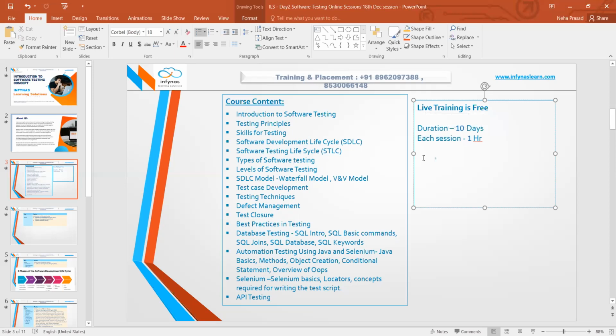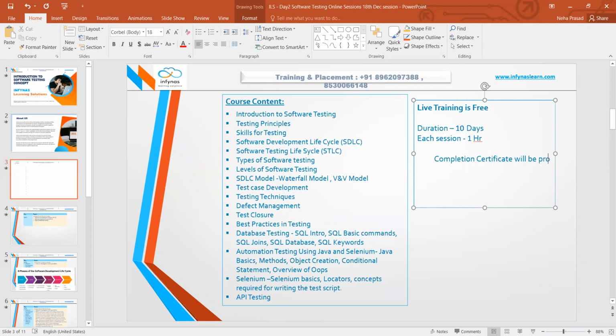This will also include a completion certificate for each of the participants. The only condition is that you need to attend all the 10 classes. A completion certificate will be issued to everybody who joins the entire course of the testing class.